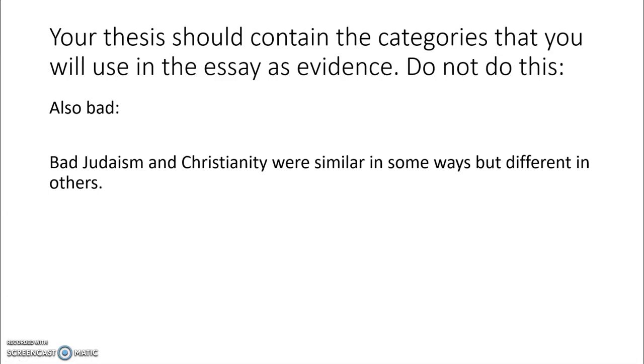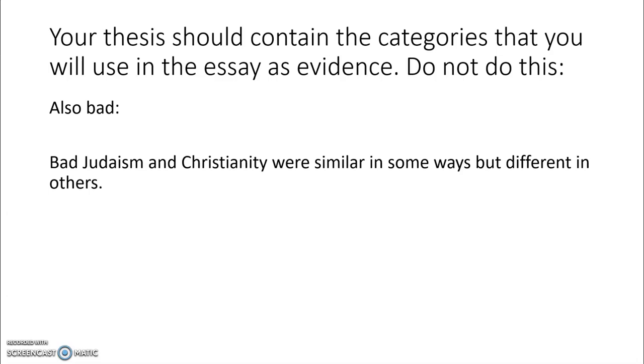Also bad. Your thesis should contain the categories that you will use in the essay as evidence, right? So your categories, it's got 4, but another bad way to write this claim would be Judaism and Christianity were similar in some ways, but different in others.